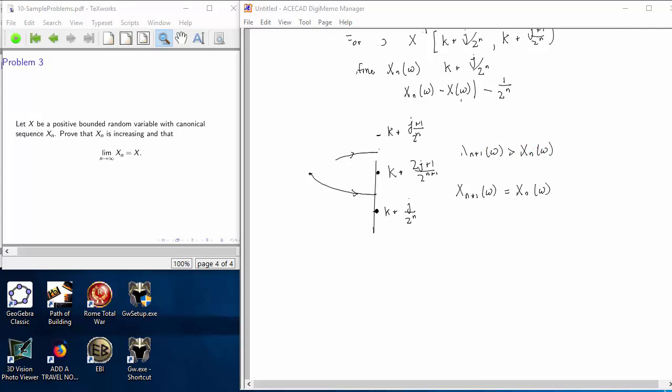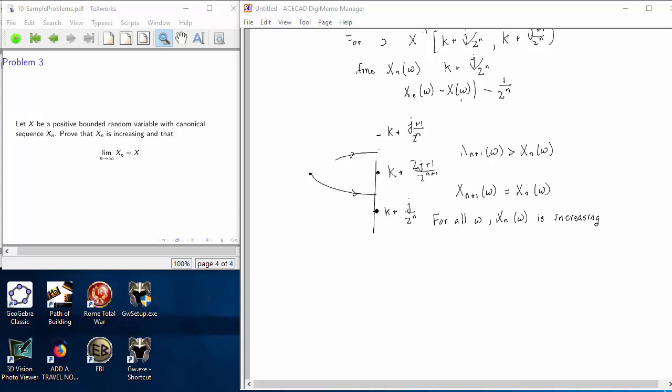And I'm done. That means for all omega, x sub n of omega is an increasing sequence. And as n approaches infinity, these intervals get smaller and smaller.